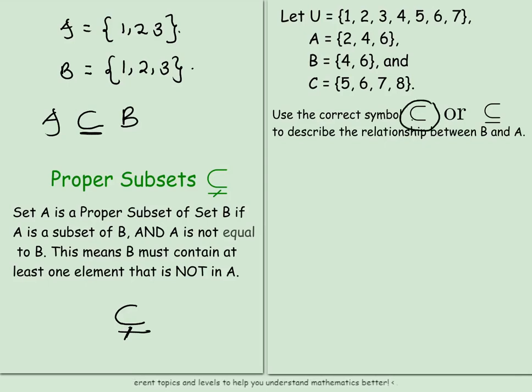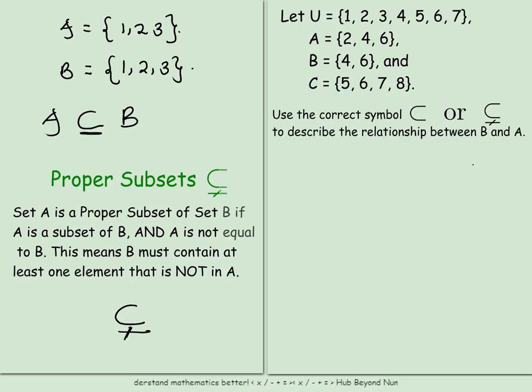So this is the normal subset, and this is the proper subset. With the normal subset, we know equality can be there or not. If you want to describe the relationship between set B and A, what is happening here? Take a minute and look at it critically.